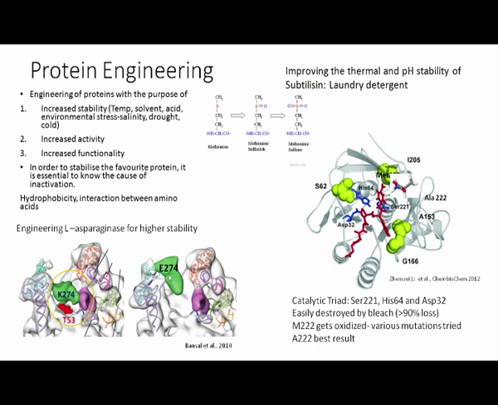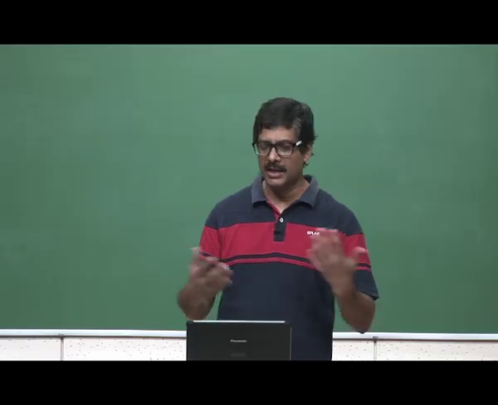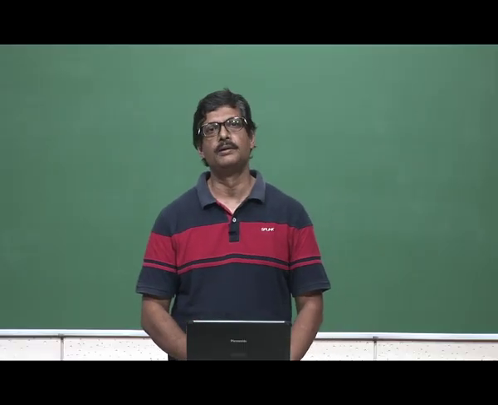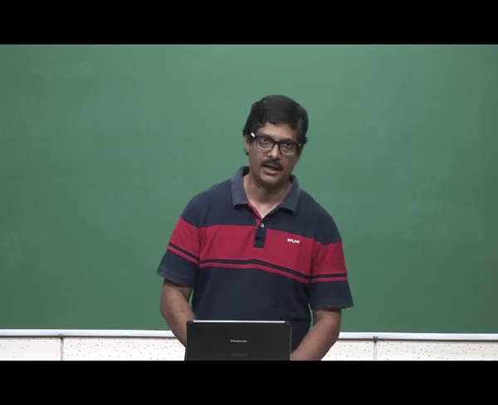This is done by genetic engineering, and immediately this opens up a space where the substrate could enter, and it became much more active and stable. So, this activity and stability enhancement was done by simple engineering of the protein. There are many such examples, and we will learn about them in different classes.